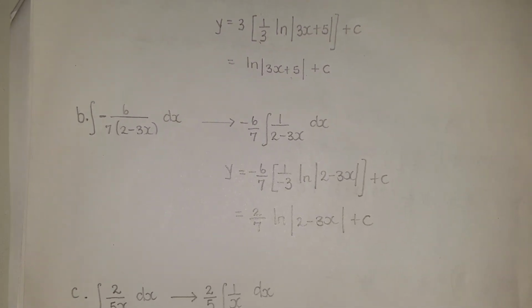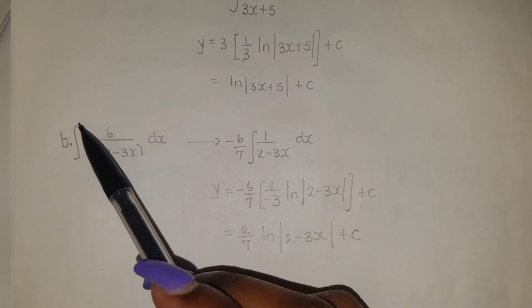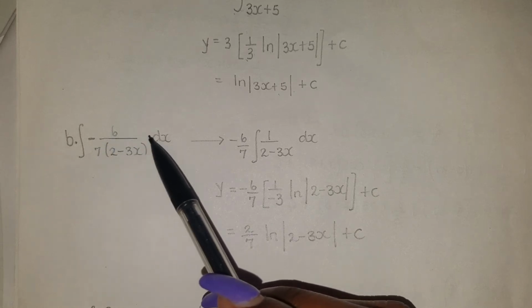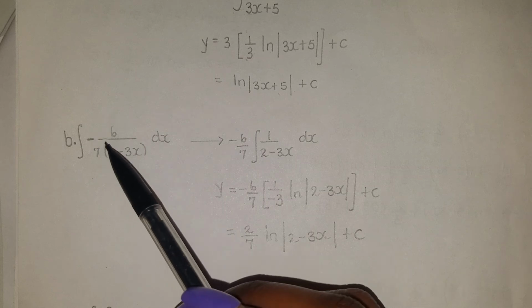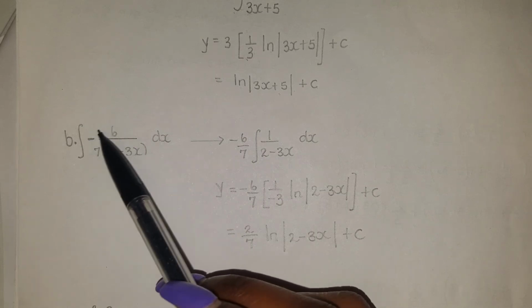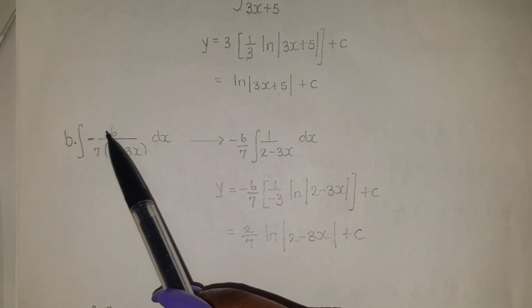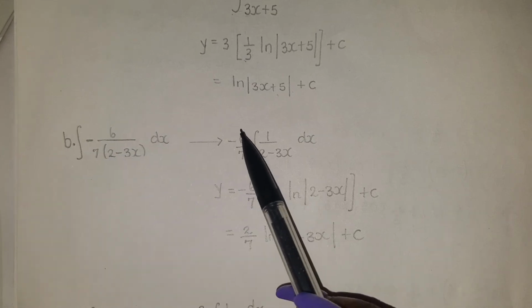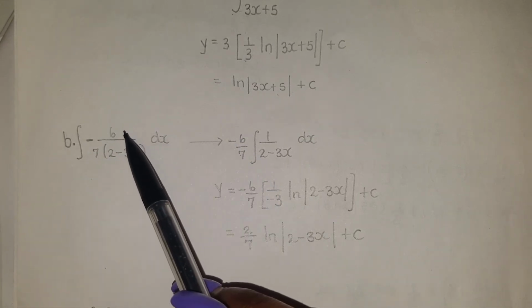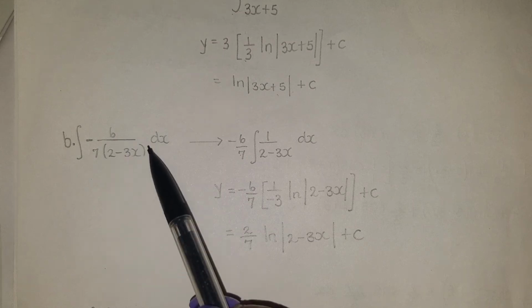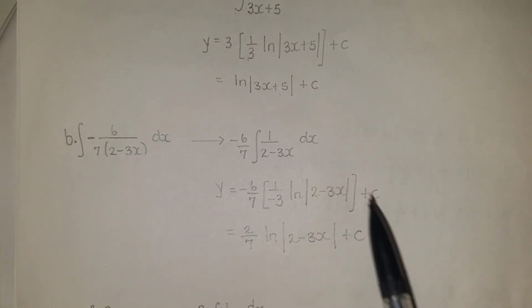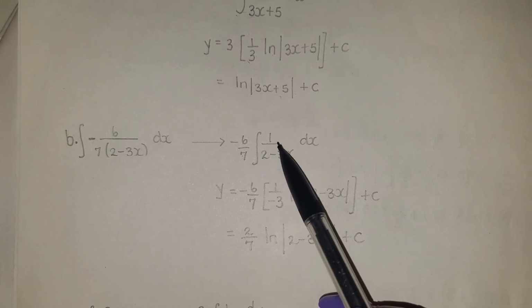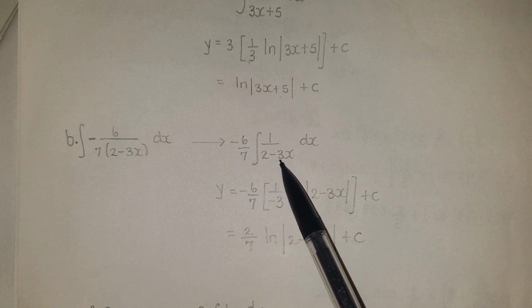In our second question, we have the integral of negative 6 all over 7 times 2 minus 3x. So, once again, I'm going to factor out. This time I'm factoring out a negative 6 over 7, as you see here. And I'll be left with 1 over 2 minus 3x, as can be seen right here. So now when I integrate my 1 over 2 minus 3x, my a in this case is negative 3.